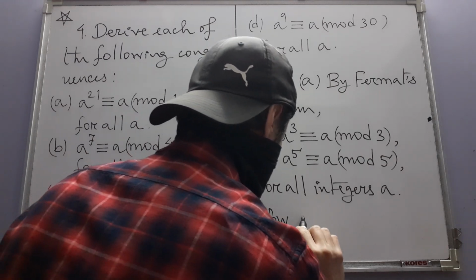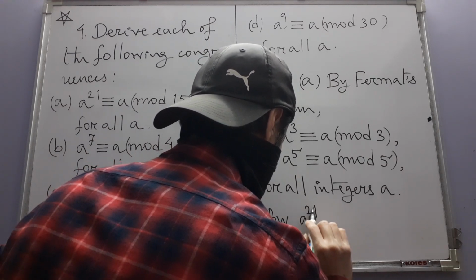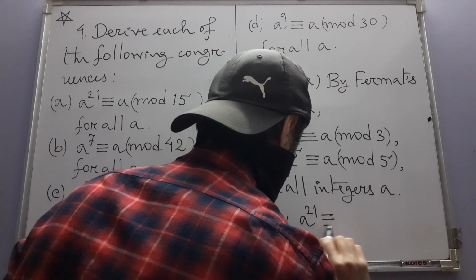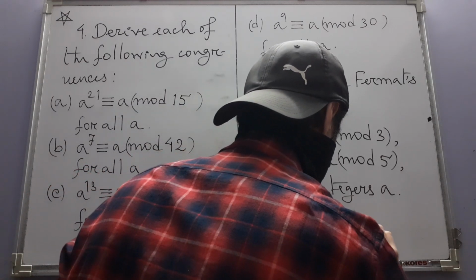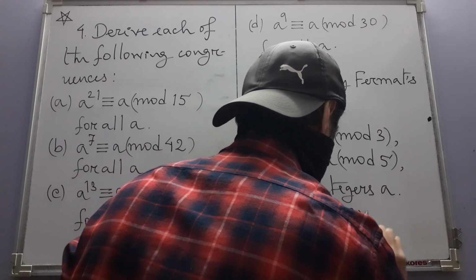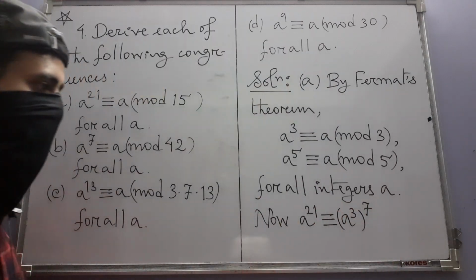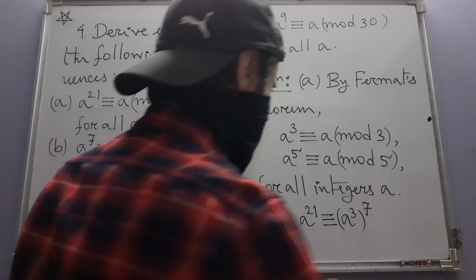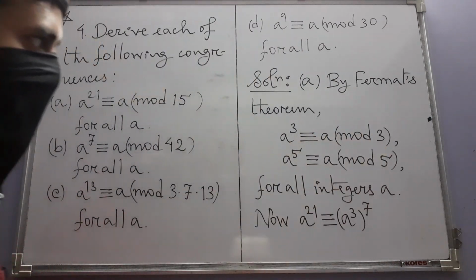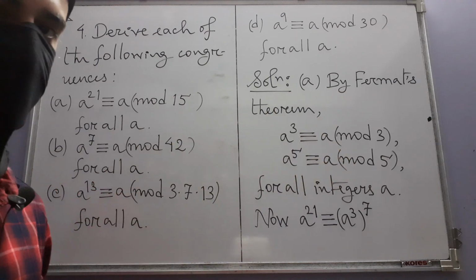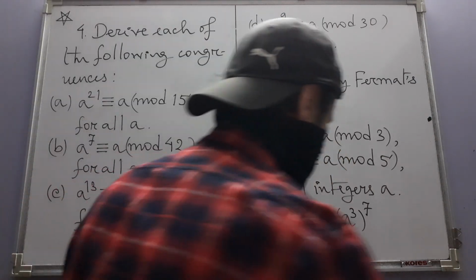You can write a to the power 21 as this. Now modulo 3, a cube is congruent to a. A cube is the same as a.